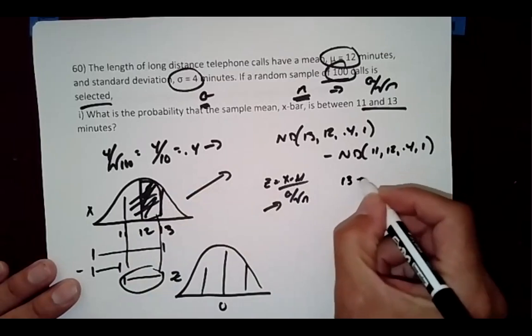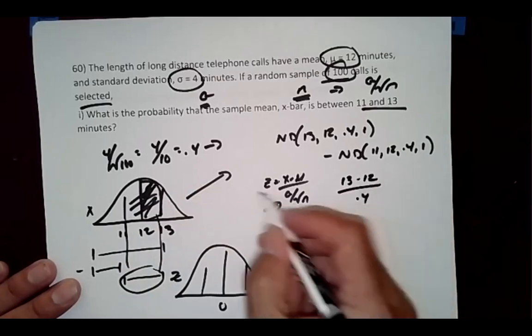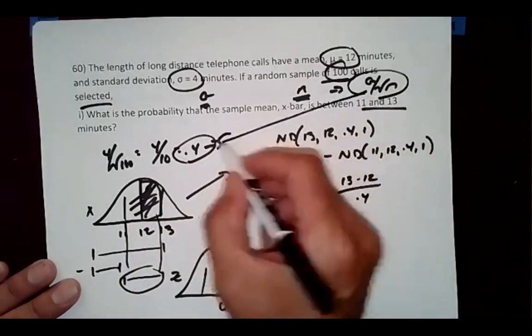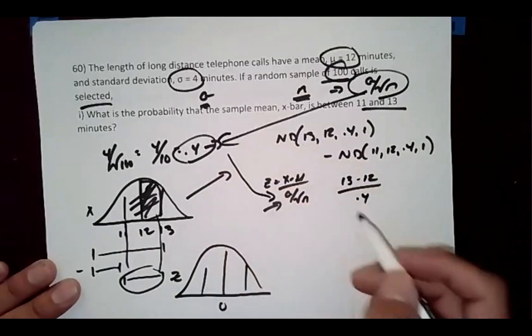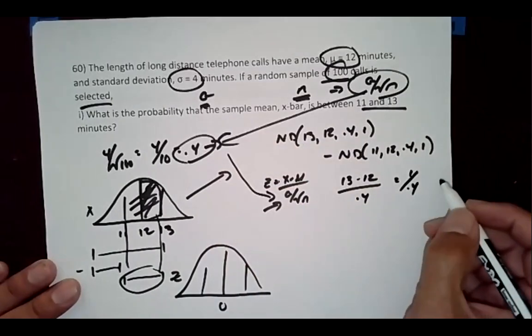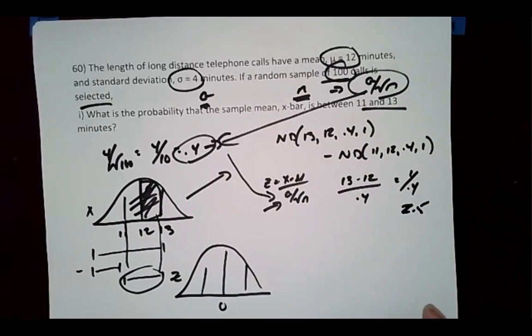So we can do 13 minus 12 all over 0.4, because 0.4 is the number we just calculated already. That's 1 over 0.4, which corresponds to 2.5.